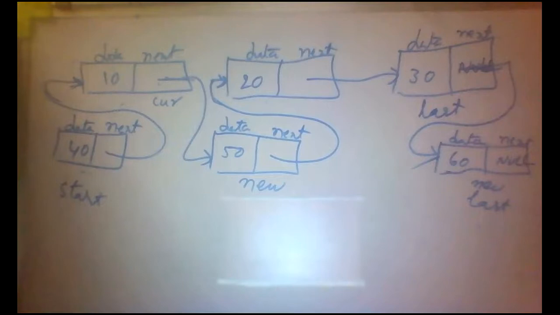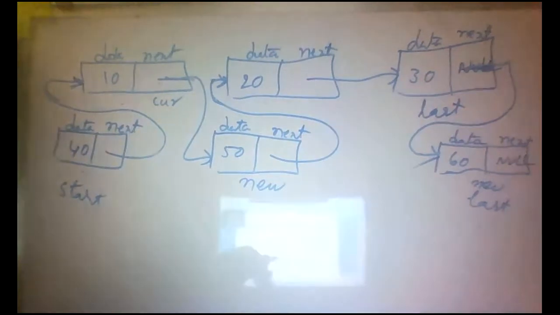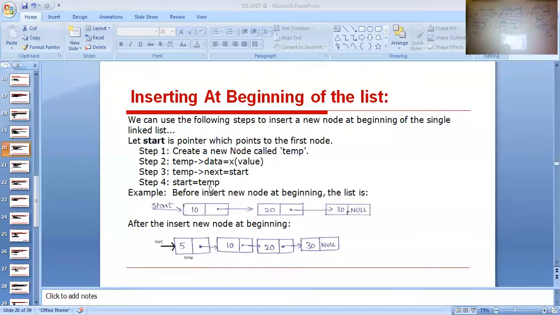Clear? All of you? So according to our algorithms, you simply create a new node called temp or new node, whatever you want. Then temp to data equal to x value, 50, 40, 60.